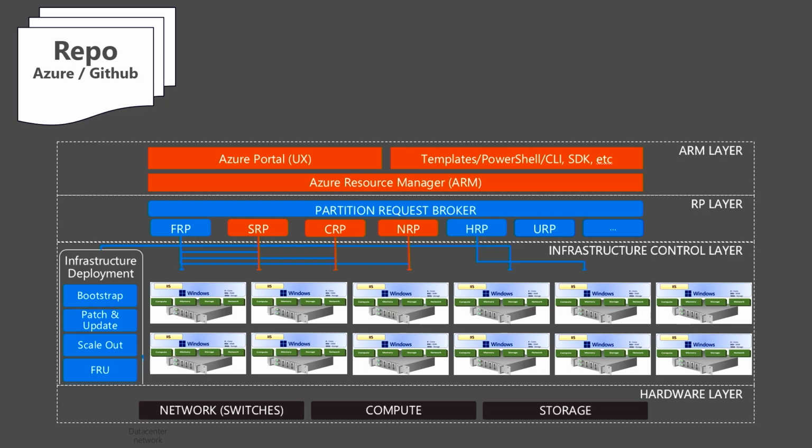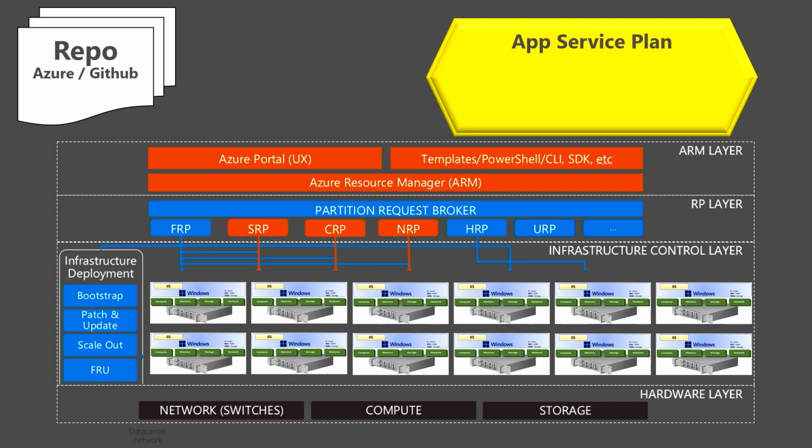So just to reiterate what we talked about in another recording, your application might exist in some repo in the upper left-hand corner, whether it be an Azure repo or in GitHub. And then you create this thing called an app service plan, which was a unit of compute that was regionally based. And inside of that, you could then create an app service inside of your app service plan. Again, I apologize, I didn't come up with the naming convention.